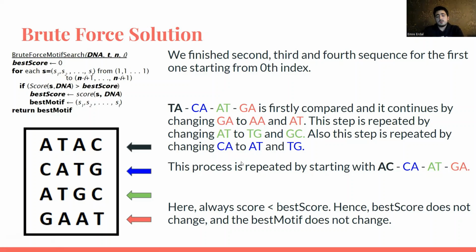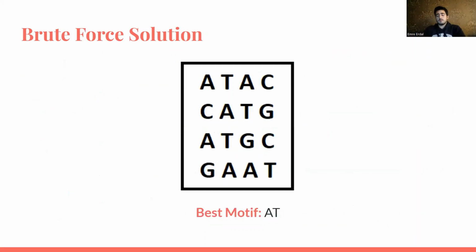So the process is repeated for TA and AC, and the best score does not change. So here, as always, the score is lower than the best score. The best score does not change, and the best motif does not change also. So for this example, the best motif is AT, and for this best motif, the best score is 4 by finding the ATs in all of the 4 sequences.